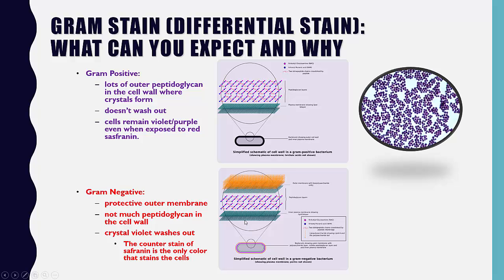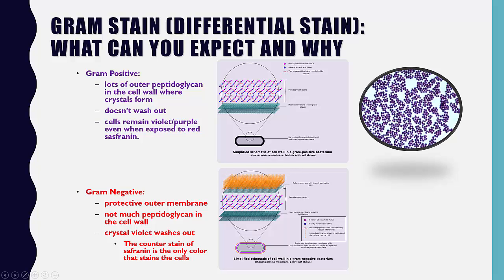I know. Back up. Do you remember all cells have an inner plasma membrane, a cell membrane? Yes, all cells have that. This one does, and this one does. Gram negatives have a second outer membrane. Have you ever heard of a cell that does this? Ever? No, because no other cells that we know of on this planet have a second outer membrane.